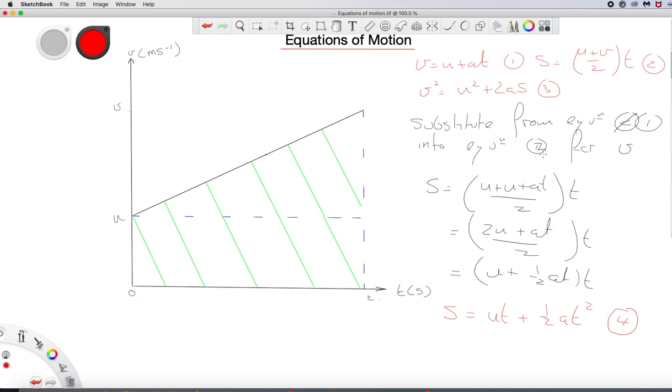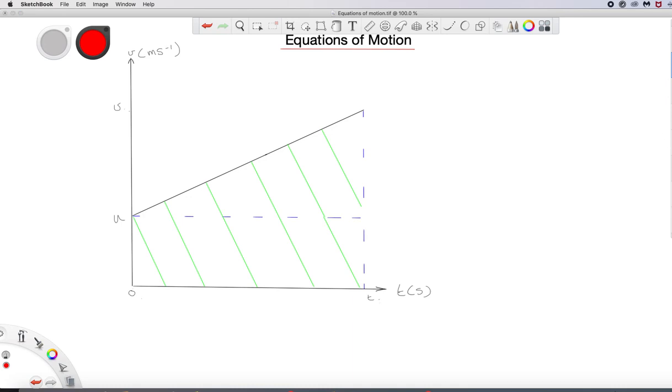So I said at the start that these equations only apply if the acceleration is constant. So let me take this away for now, and let's look at a non-linear graph.